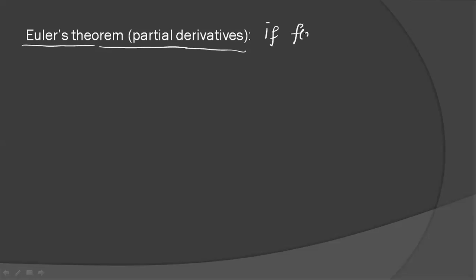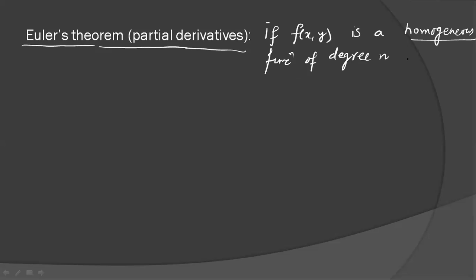If f of x, y is a homogeneous function of degree n in x and y, and has continuous first and second order partial derivatives.